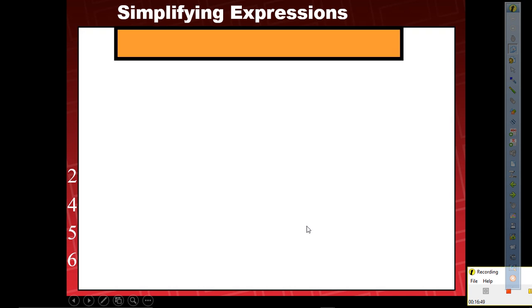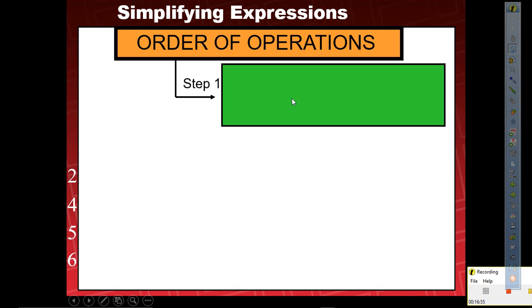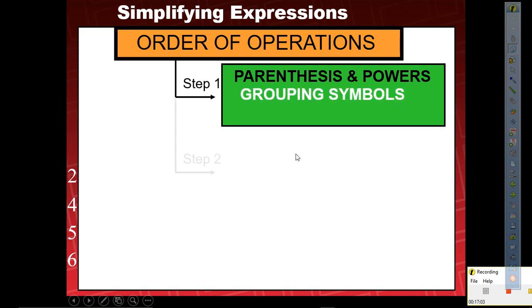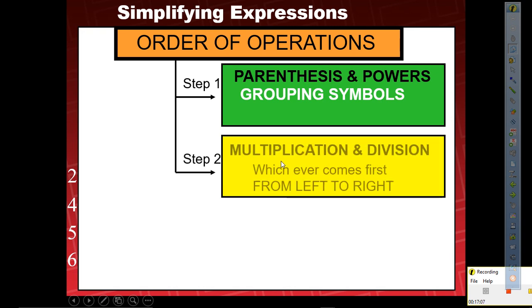So watch. Order of operations, quick refresher. Look up, please. First step, we're going to look into the grouping symbols, which are parentheses. And then from there, we're going to look into the exponents or powers. Second step, we're going to look for two things at the same time, multiplication and division, using a quick scan going from left to right, whichever comes first.